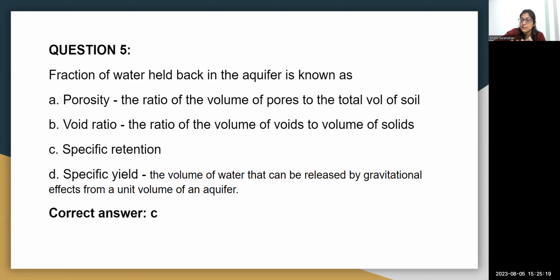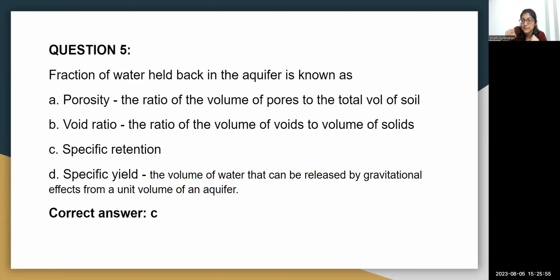Specific yield is again the volume of water that is lost as a result of the gravitational effect to the unit volume of the aquifer. So some amount of water is lost because of gravity, and that volume is called specific yield. Now, some amount of water will remain against the force of gravity. Two major forces play here. The solid soil particles are capable of attracting water particles onto their surface, so that water will remain in the aquifer or in the soil sample.